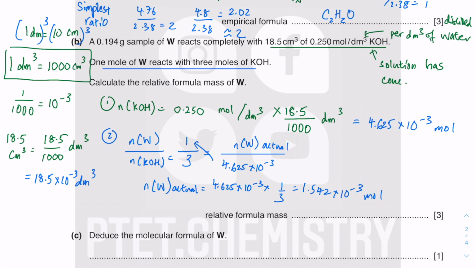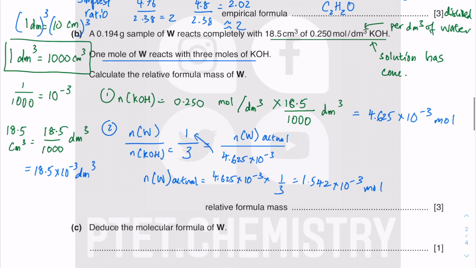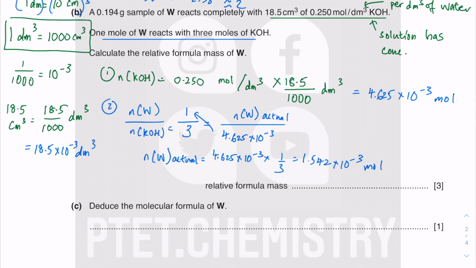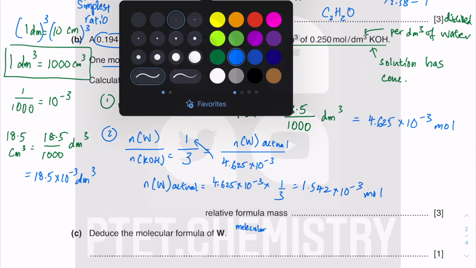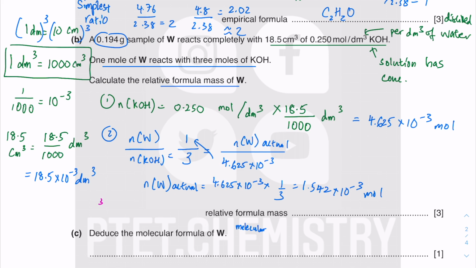They want something called relative formula mass. Relative formula mass is another name for relative molecular mass. It's just that molecular refers to molecule, formula refers to things which are not molecular, things like ionic compound. Anyway, we've gotten the mole of W. Now we've gotten the actual mass of W. Then we can find the MR of W because mole is equal to mass over MR. So the MR is going to be mass over mole.